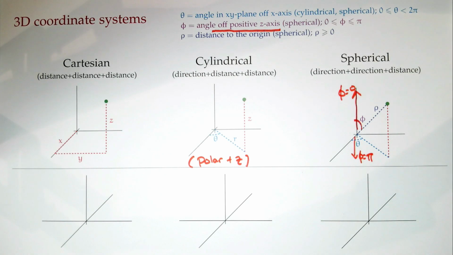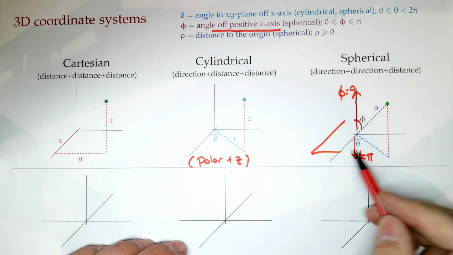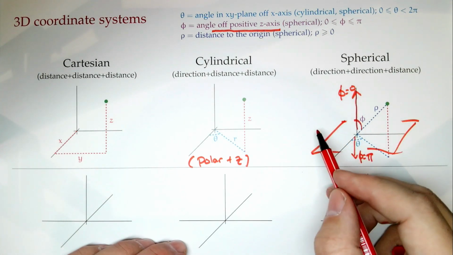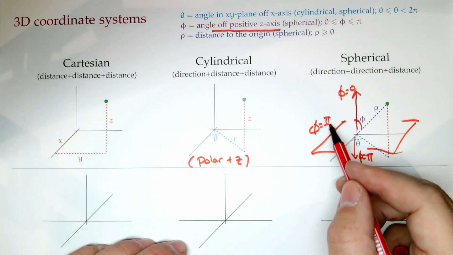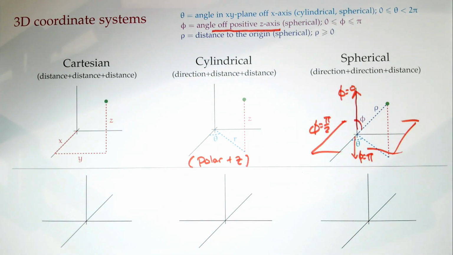So the whole xy plane is when phi equals pi over 2. The reason we want to go off the z-axis is because it's really quite simple: phi equals 0 is the z-axis going up, and phi equals pi is the z-axis going down.